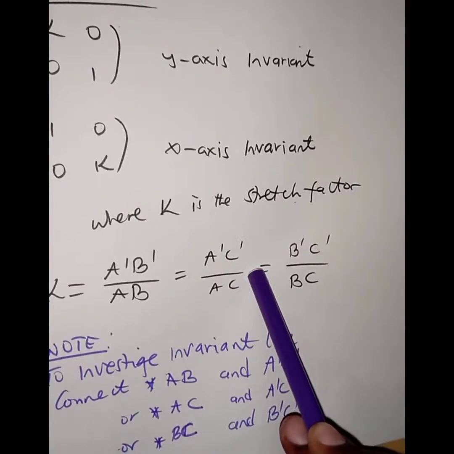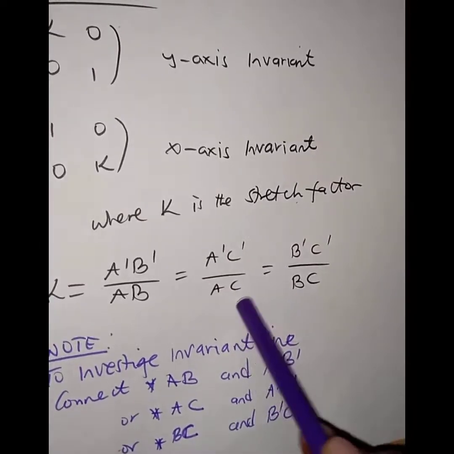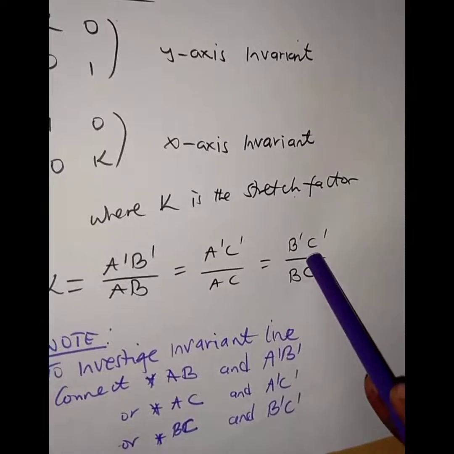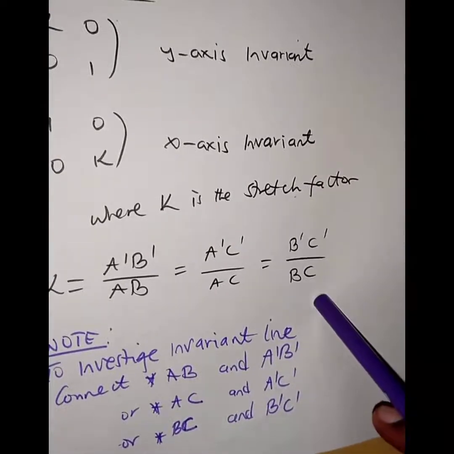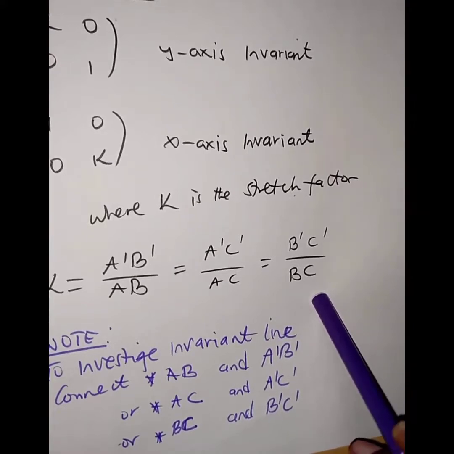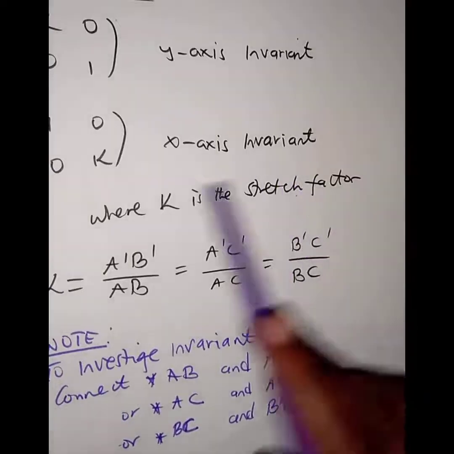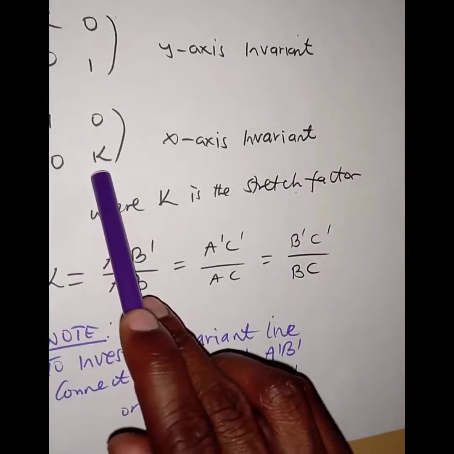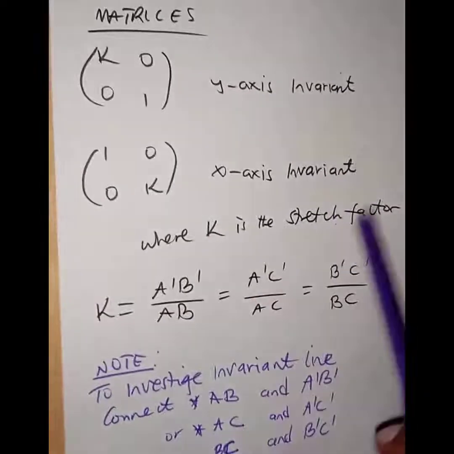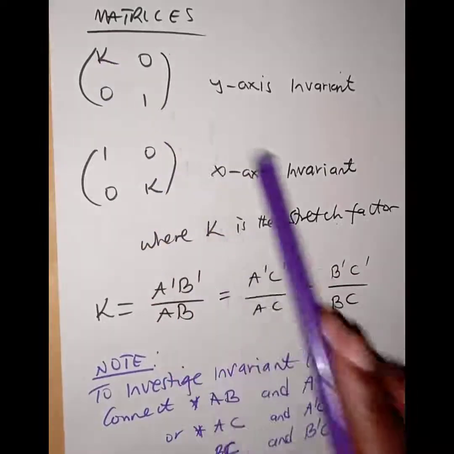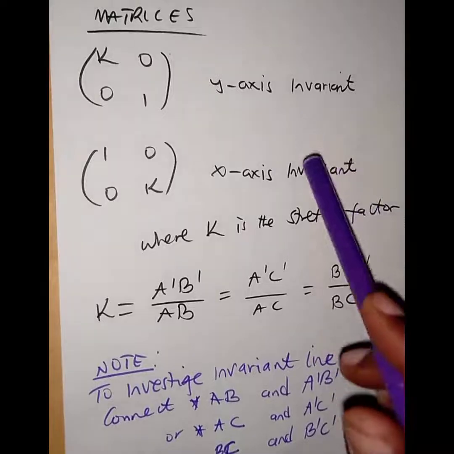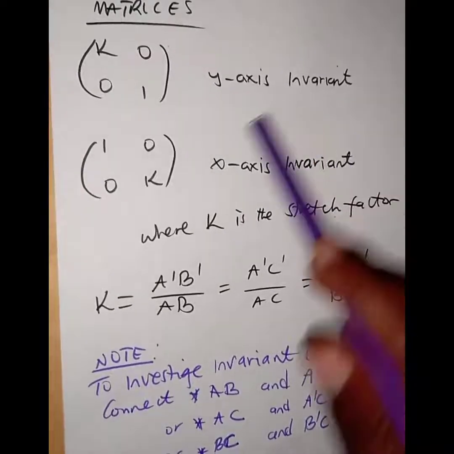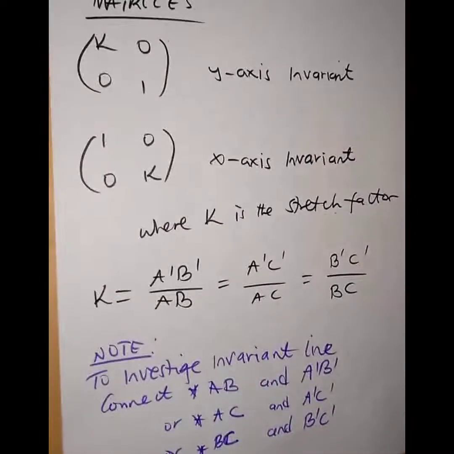You divide by A object to C object, or maybe it could be B image to C image, you divide by B object to C object. Then you find the scale factor. So if it is x-axis invariant, you put the number here. If it is 2, 3, or if it is y-axis invariant, you put it there. So when they ask what is the matrix for this stretch, you have to identify, is it on the x-axis or y-axis, so that you know which one to pick.